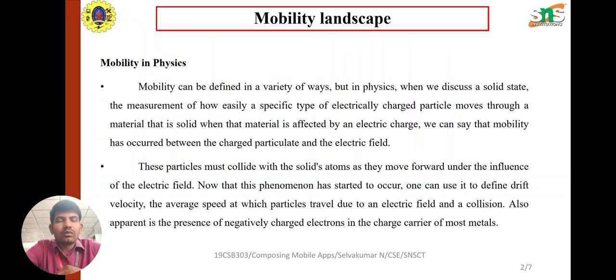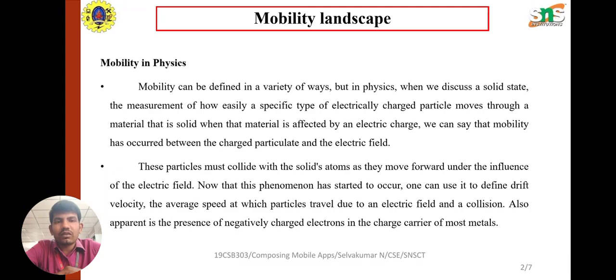products. Mobility can be defined in a variety of ways, but in physics, when we discuss a solid state, it is the measurement of how easily a specific type of electrically charged particle moves through a material when that material is affected by an electric charge. So we can say that mobility occurs between the charged particle and the electric field.